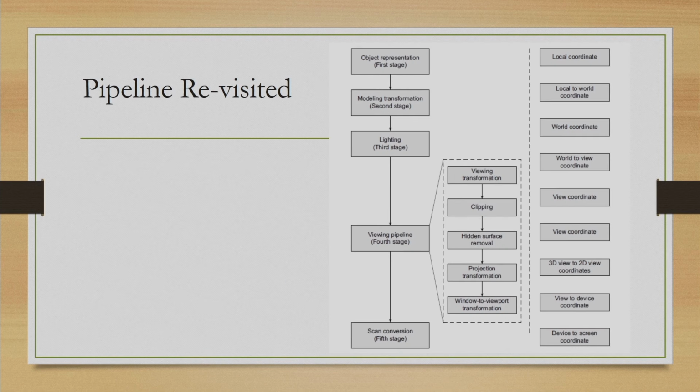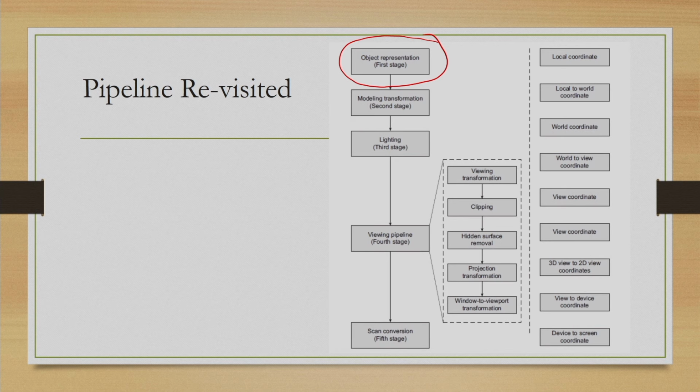Let us recap what we have learned about the graphics pipeline. As you may recollect, there are broadly 5 stages of the pipeline. In the first stage, we have object representation.